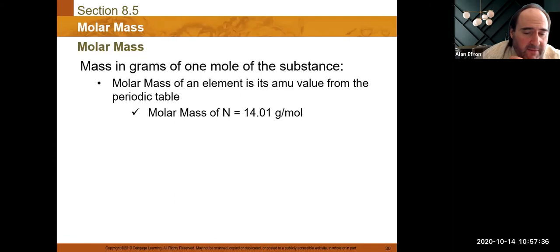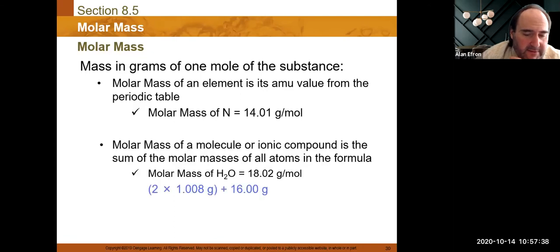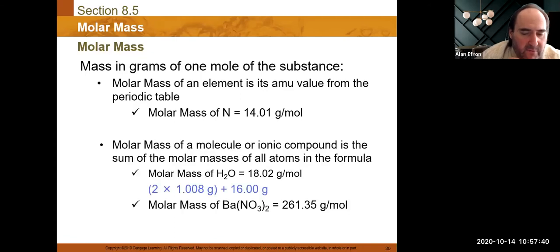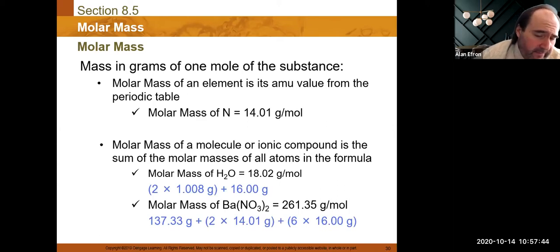So we did talk about molar mass here already. So just again, to review, we obviously can apply molar mass to formulas and substances that are not just elements by themselves. We can apply it to both ionic compounds and covalent compounds.